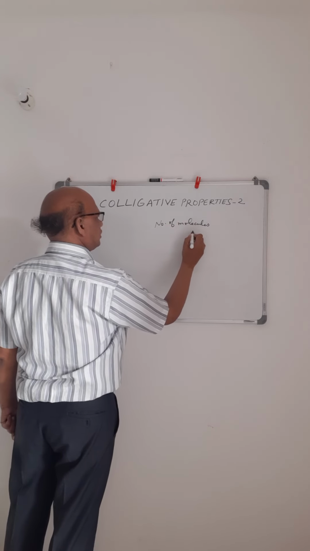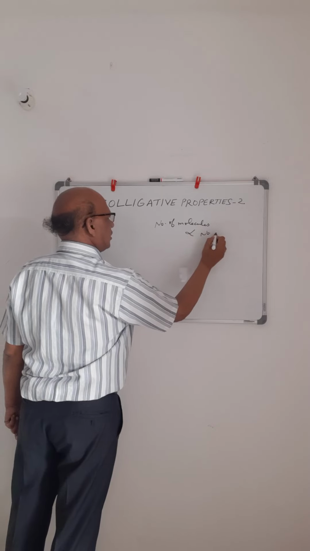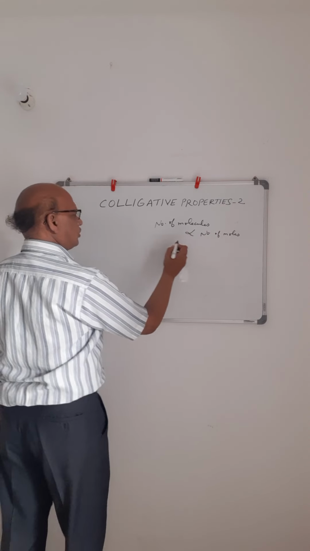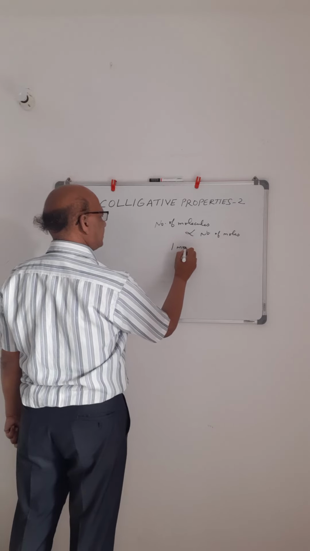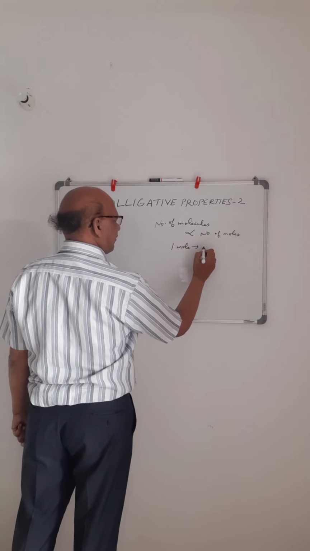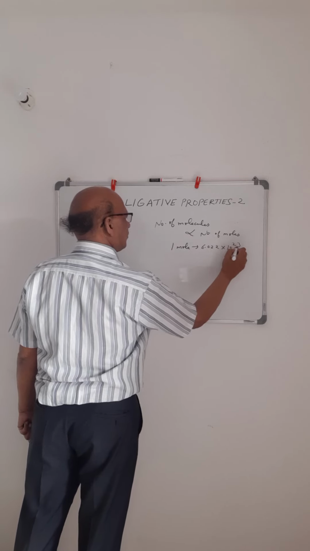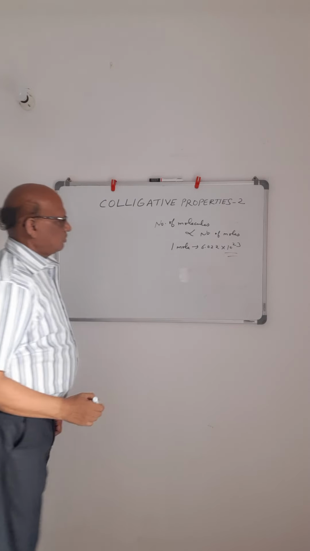So number of molecules of a substance is directly proportional to number of moles of that substance, because 1 mole of any substance contains Avogadro's number of molecules, that is 6.022 into 10 to the power 23 molecules.